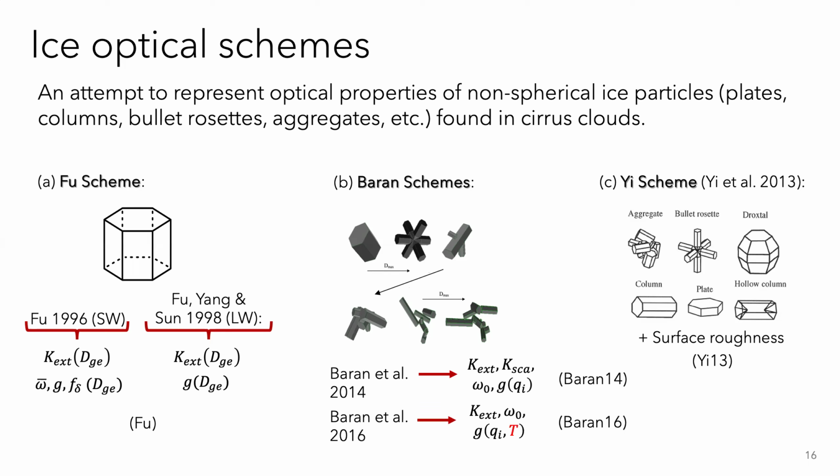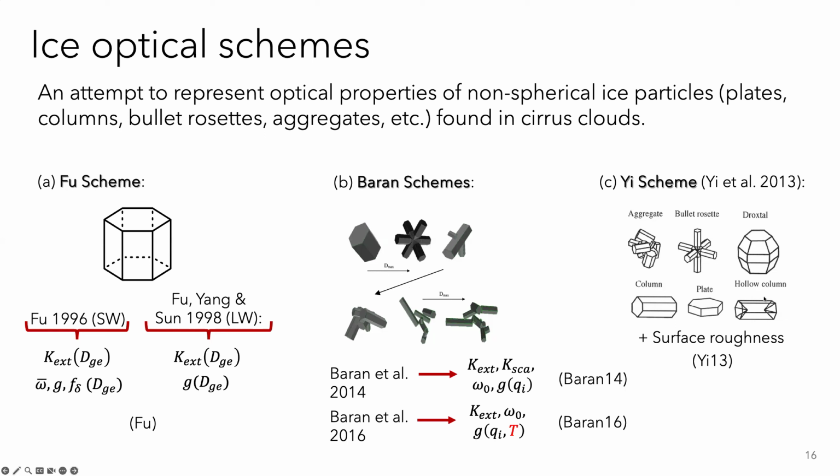And finally, I'm putting this in the last step, the update of the 2014 scheme. Baran developed a new scheme in 2016, which assumed the same ensemble as Baran 2014, but now it includes another parameter, which is temperature. So we can create a hierarchy of ice complexity, and at the same time look at what the inputs are, the parameters we can use to compute the optical properties of the ice crystals.